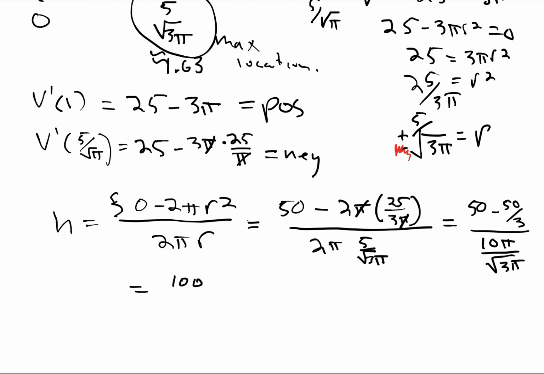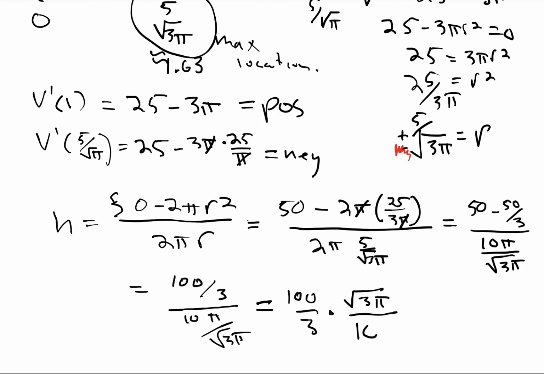So I'll have 100 thirds on top and 10 pi over root 3 pi on the bottom. If you are dividing by a fraction, you're really multiplying by a reciprocal. So that means I've really got this root 3 pi over 10 pi down here.